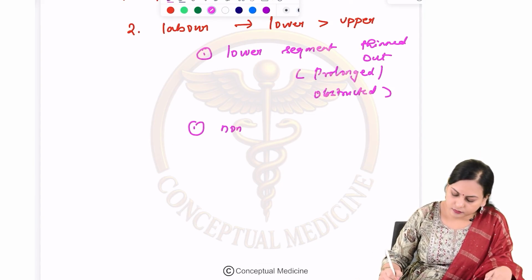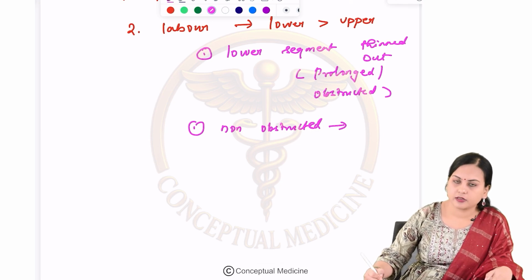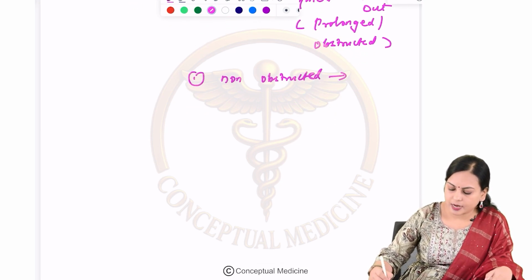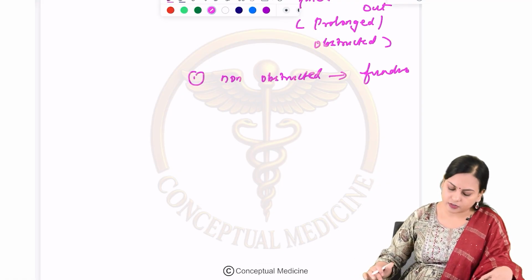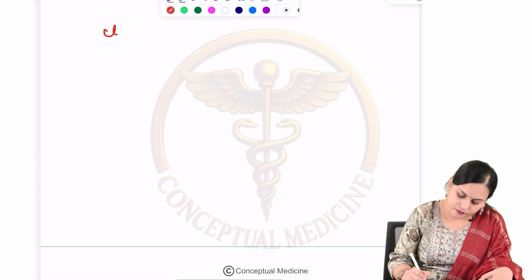And sometimes when a rupture occurs in non-obstructed uterus, then it happens mostly in the fundus region. Clear? Right.